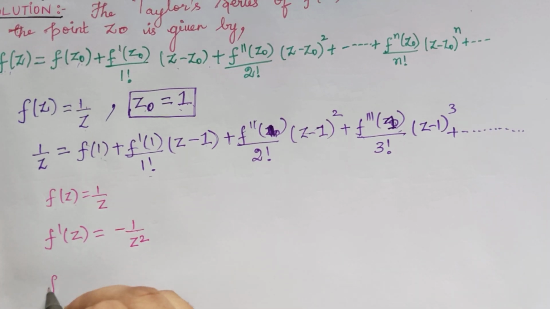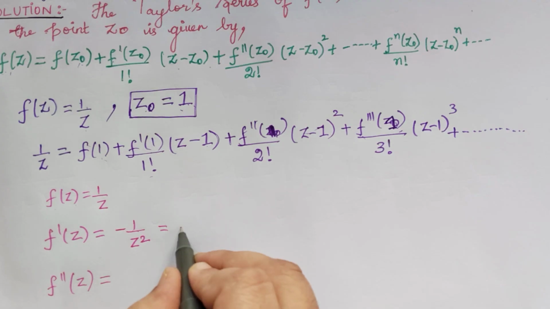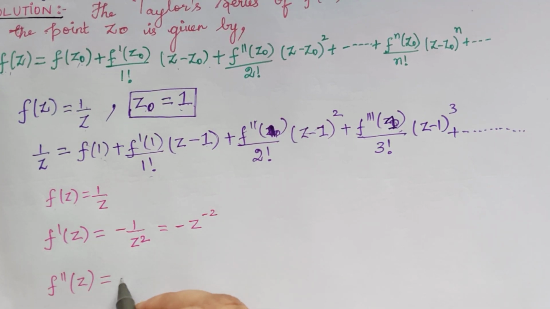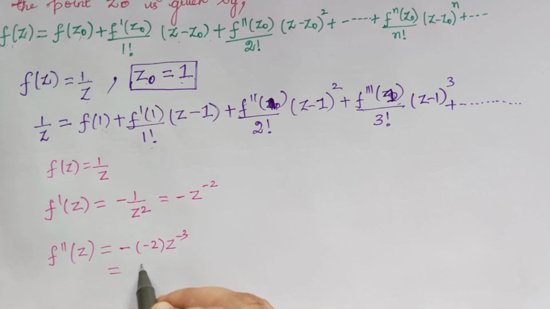And what about f double dash of z? We have to further differentiate this. Actually this can be written as minus z to the power minus 2. On further differentiating it, it will be minus multiplied with minus 2z to the power minus 3. So minus into minus becomes plus, 2 divided by z cube.